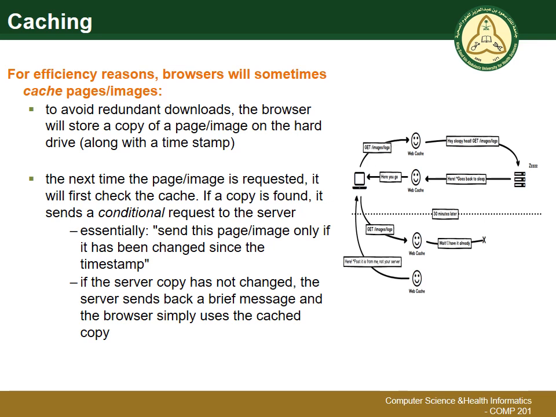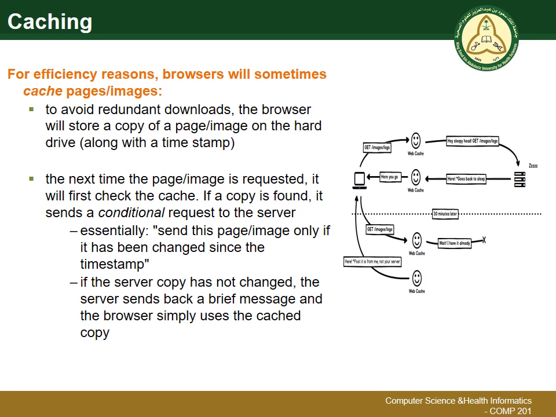So let's see an example of this process. First the browser on the user computer asks to get some pictures, then it goes to the local cache and checks whether it has it or not.